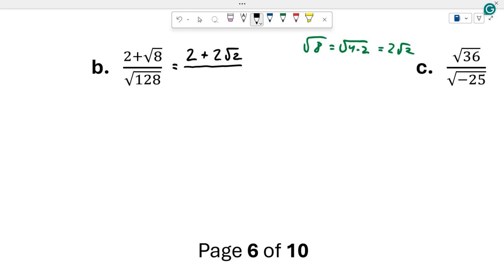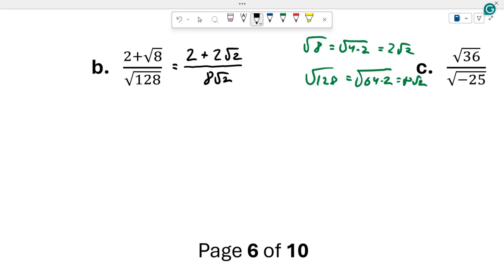All right. So what I have here is root 128. Again, I'll just do this as a sidebar. So I can rewrite that as 64 times 2, and when I pull the 64 out, I end up getting 8 root 2. All right, so the denominator simplifies to 8 root 2.